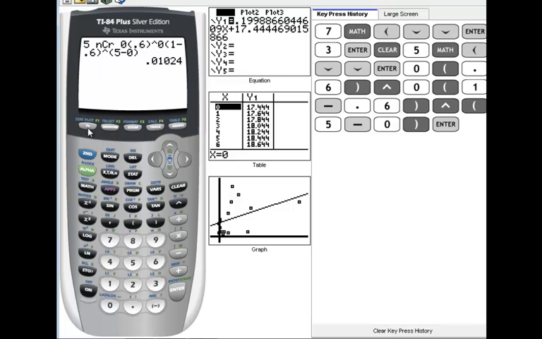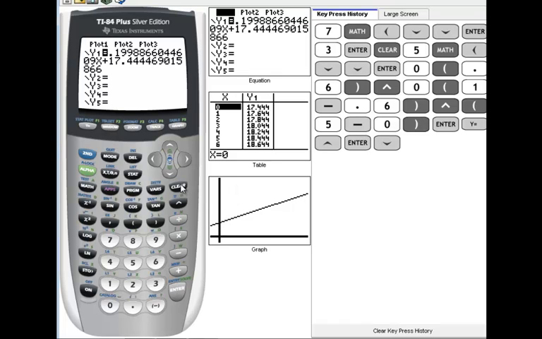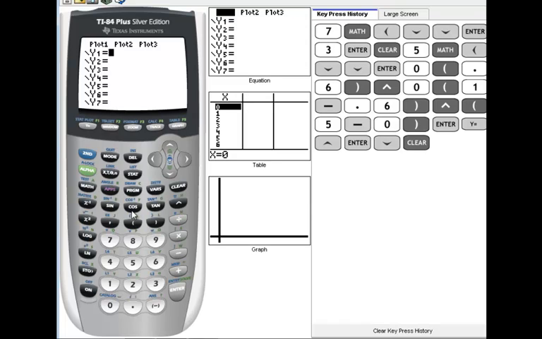To do this, you could go to y equals. Remember, if you have a plot turned on, turn it off, and clear out your y list. The formula that we could type in is 5 choose x.